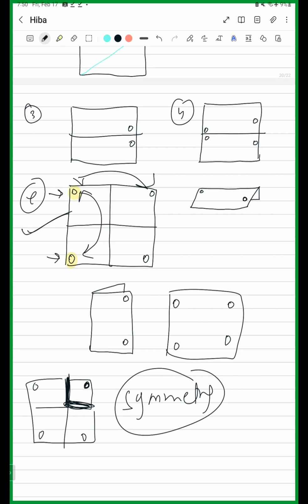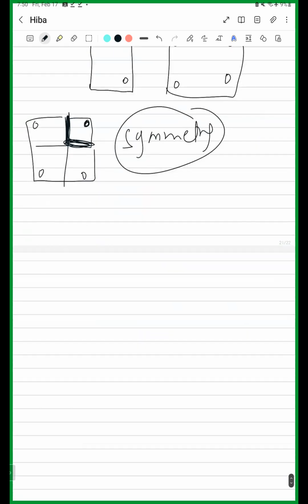Horizontal? No. I think we can't do it. You can see it is vertical, not horizontal. Look at this.